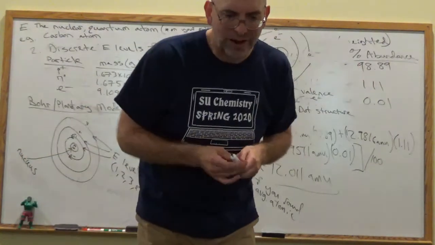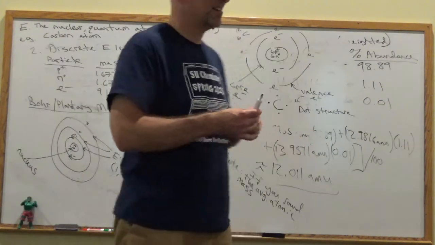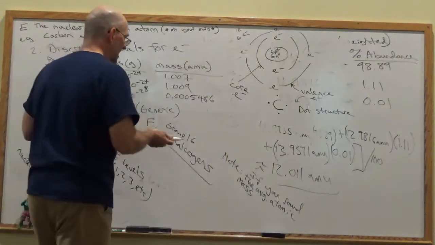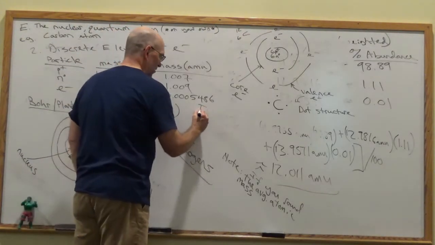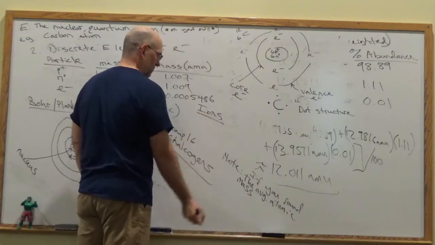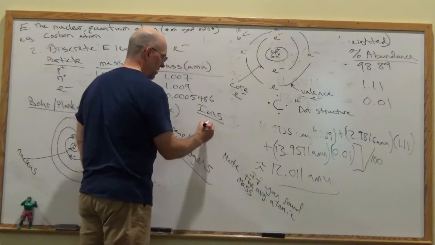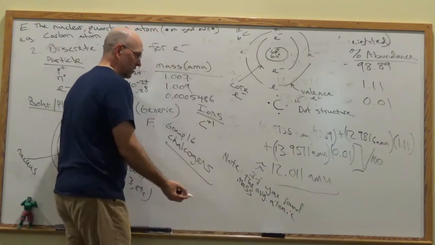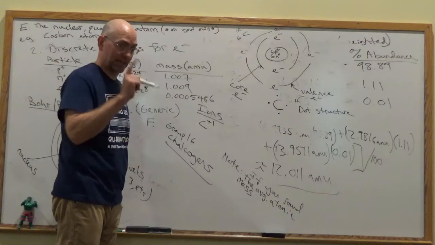I'm not sure I did a great job explaining all of that, but the last thing I'll say, because I think it'll help you with your homework, and we'll get to this later, is ions. Ions are charged particles. If I have carbon with a +1 charge, that means one electron has been taken away.